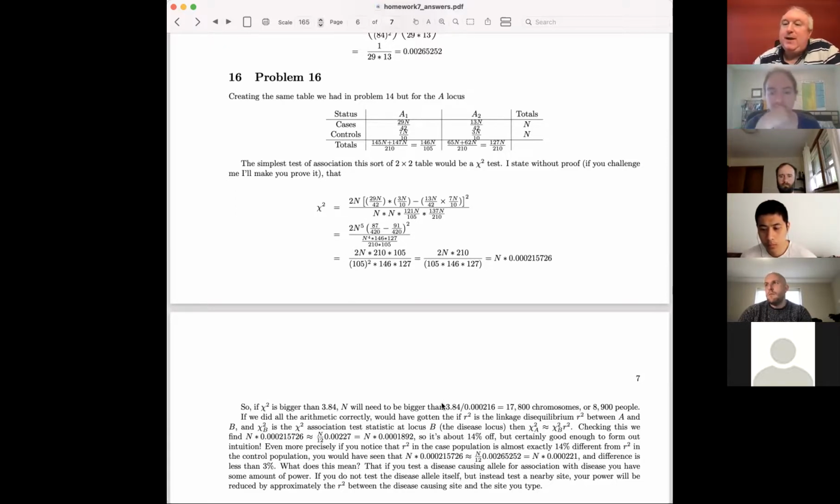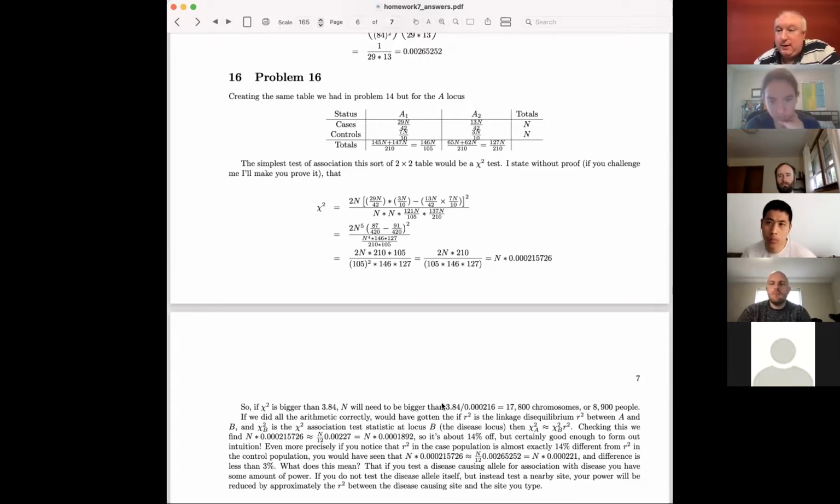The reason you're picking genome-wide markers, like 1 million of them, is because it'll turn out, at least in humans, that at about the scale of 1 million markers, the vast majority of high-frequency sites have a large R squared to something typed. It just turned out that way. But this is your deep, intuitive understanding that if you don't type a disease allele, but type something different, your power at the other thing looks like the R squared to the disease allele times your power at the disease allele.